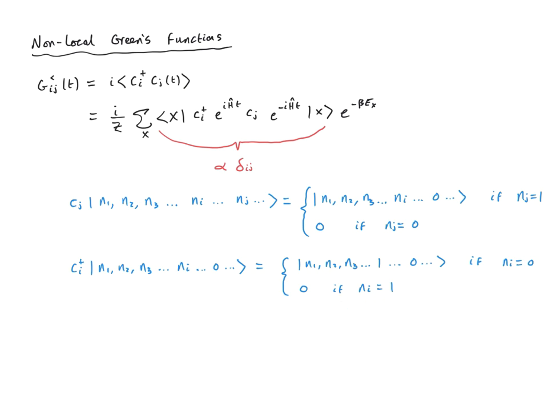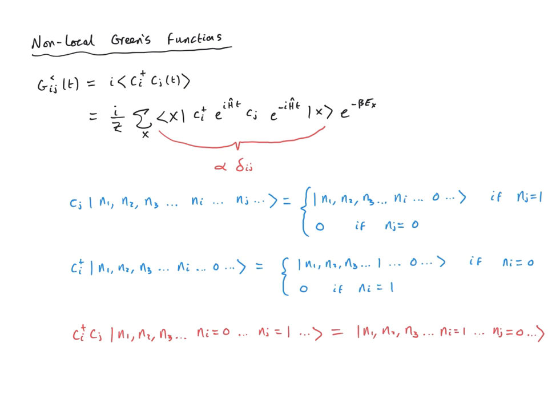On the other hand, if n i is equal to 0, then I will get this ket. So the only non-zero contribution when I act with c i dagger c j is a ket where there are no electrons in the ith orbital and one electron in the jth orbital. When I act with this operator, I then end up with a state with one electron in the ith orbital and no electrons in the jth orbital.